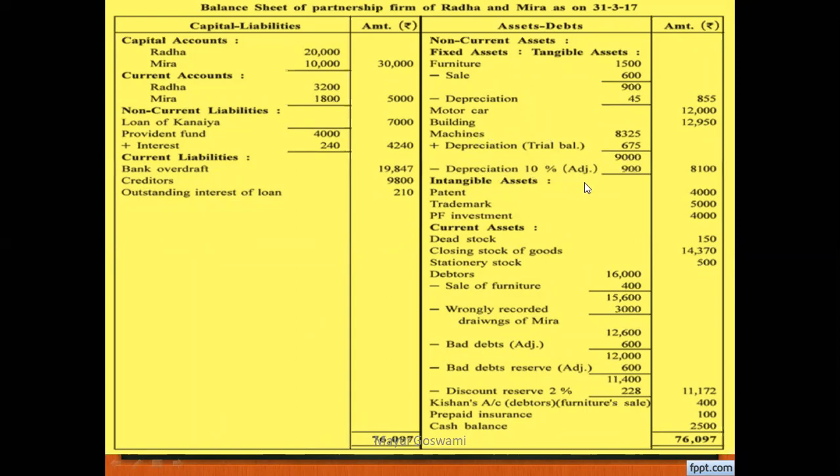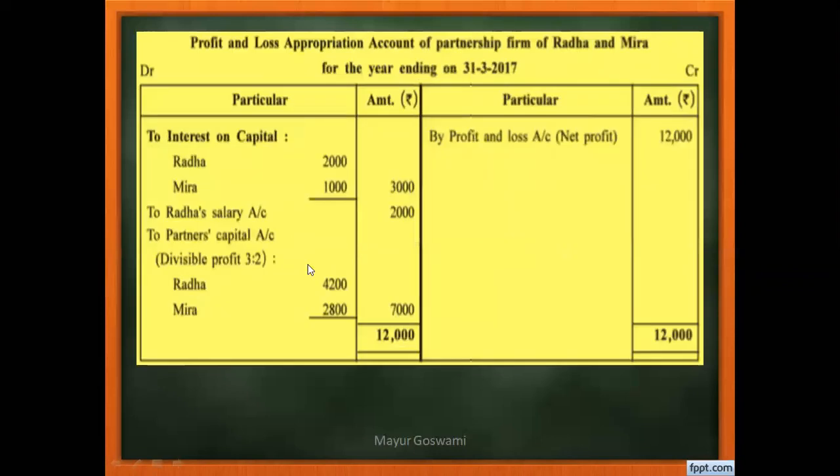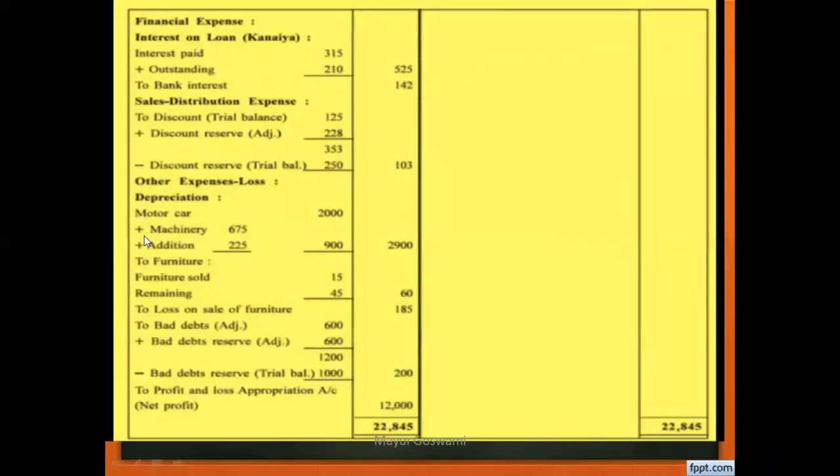Less depreciation 10% comes to 900. In the outer column we have 8100. Second effect of this, P&L debit side. So right here under the depreciation on machine, 900.